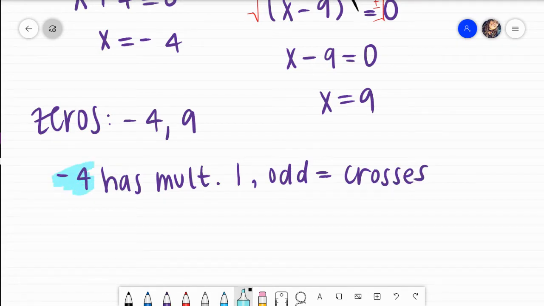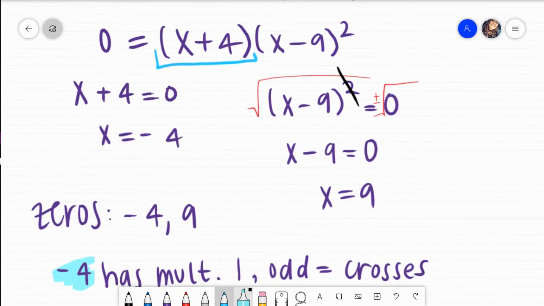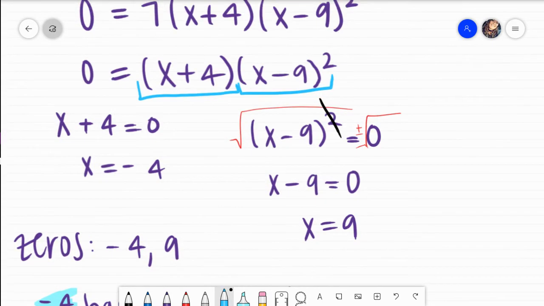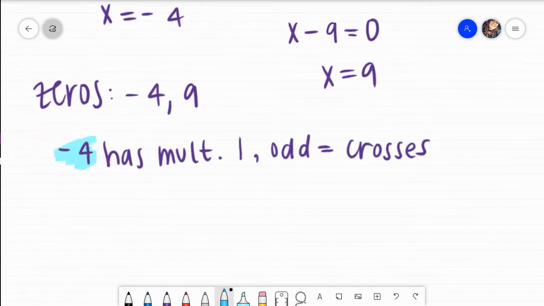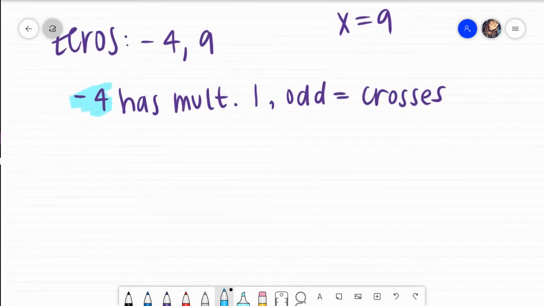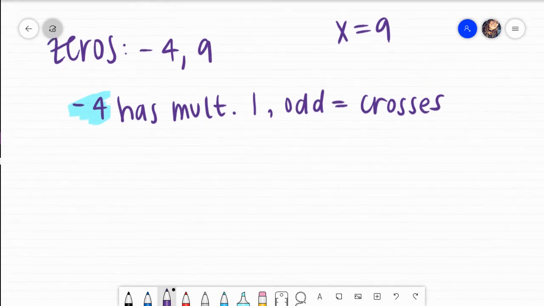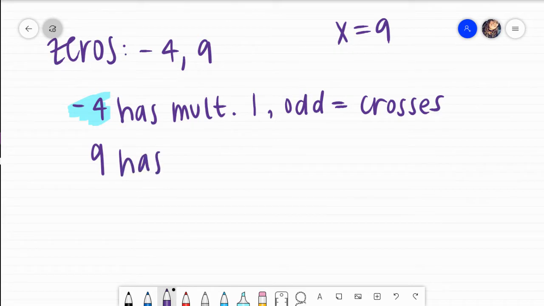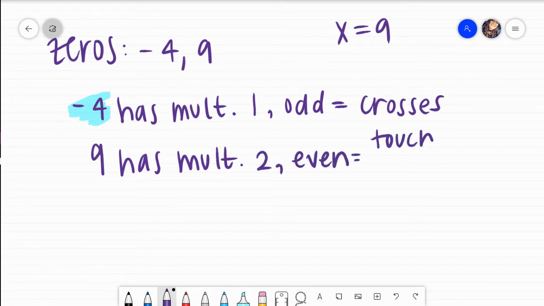Okay. Now, if you look here at my factors, that x minus 9 is actually being squared. That's the multiplicity. So what we have is my 0, my 9, has a multiplicity of 2, which is even, which means it touches and turns.